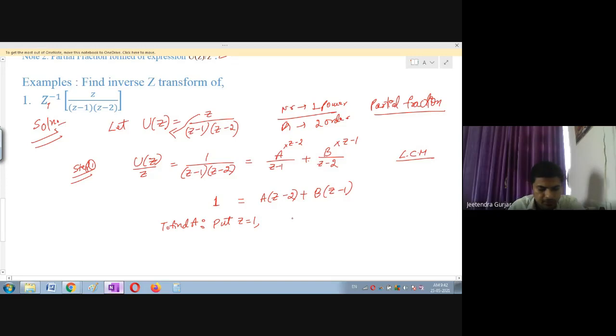So I will substitute: 1 is equal to A(1 minus 2) plus B(1 minus 1). When I substitute Z is equal to 1, wherever Z is there, this term is going to become 0. Therefore 1 is equal to A times (1 minus 2), which is minus 1, therefore A is equal to minus 1, students. So you must be fast here, right?